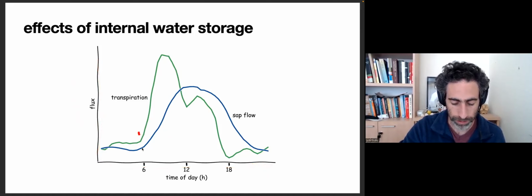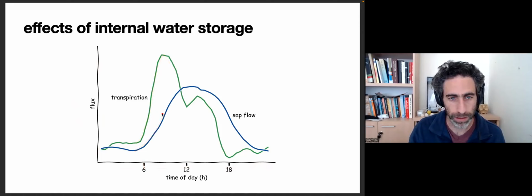So early in the morning, this is 6 a.m., transpiration starts, water starts to go out of the plant, and it outpaces the amount of water taken up by the tree from the soil. Later in the day, around midday, it flips. The amount of water coming out of the leaves goes down, and then there's more water coming in than coming out. And this is from real data.